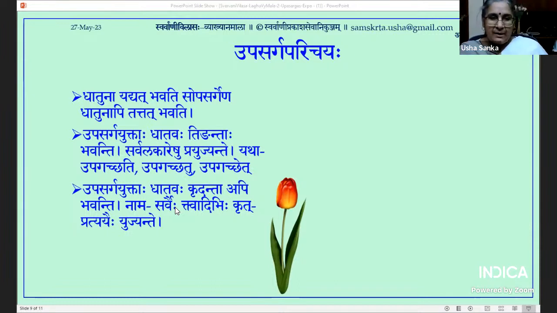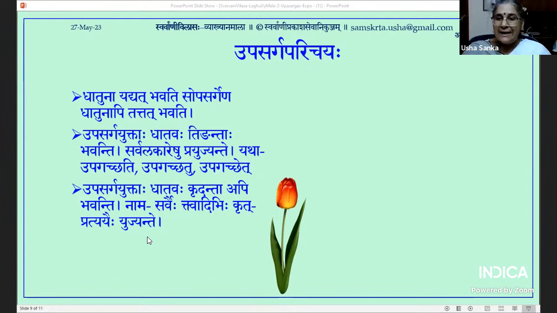Then there are upasarga-yukta dhatus which are becoming kridantas also, as I already told you. So what happens when an upasarga attaches to the dhatu and it becomes a kridanta? You must be aware of the kridantas, some of them at least, the famous ones like the kta pratyaya, tumun pratyaya, etc. So gam plus tumun. If we put tumun, it means to do something.